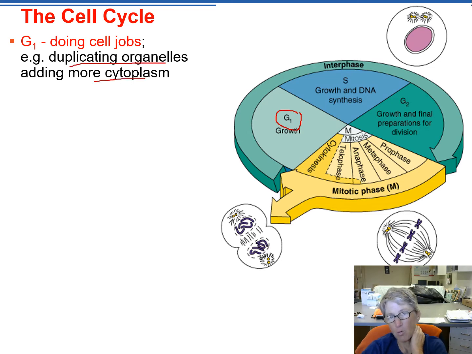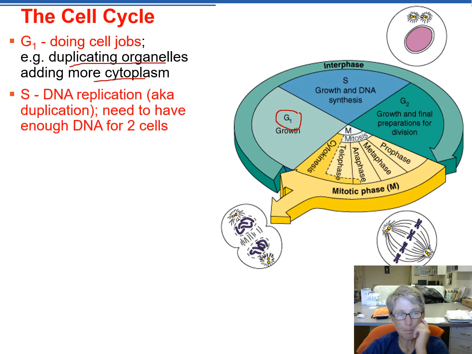You're duplicating your organelles because eventually you'd like to split into 2 daughter cells, and you want each daughter cell to have a full set of organelles and DNA. So that's G1. The S phase is the DNA replication or DNA duplication phase. You have to have enough DNA for 2 cells, because eventually you're going to split into 2 cells.